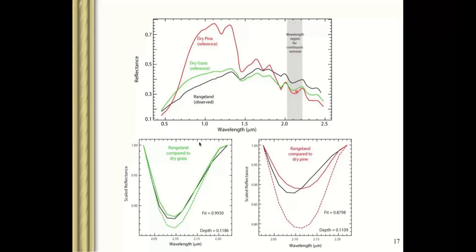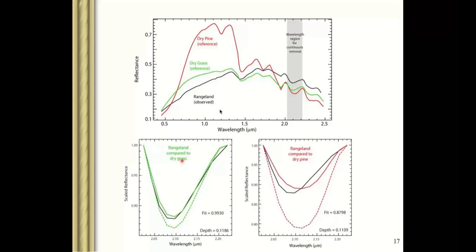After these three regions, and after continuum removal, we compare our reflectance that we took in the lab with the dry grass and dry pine reference, and we try to match it. We can see that there is a 0.99 matching of this rangeland compared to dry grass. And if you see rangeland compared to dry pine, the correlation is much less. Rangeland is typically a grassland.